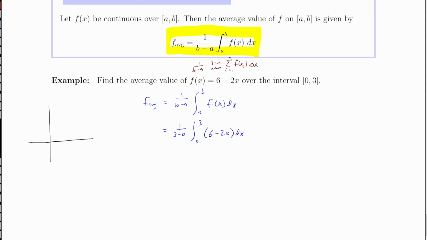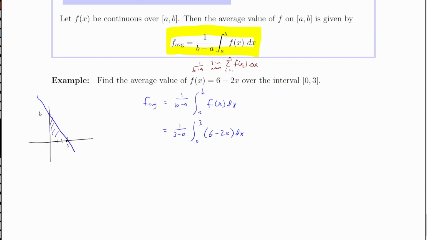What I'm going to do is just interpret it as an area. So when x is 0, I'll have 6. When x is 3, I'll have 0. So I get this line here.